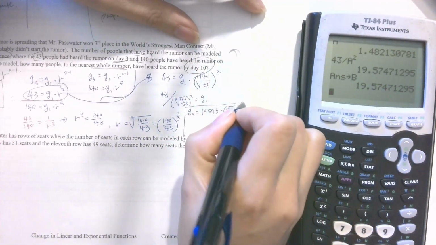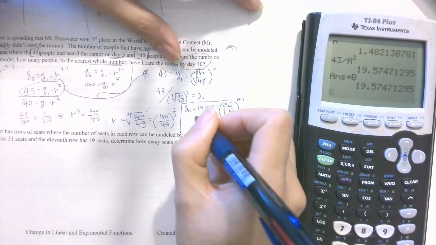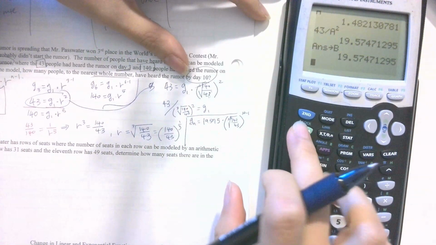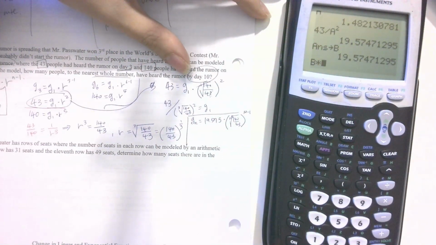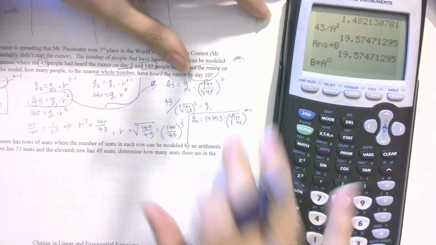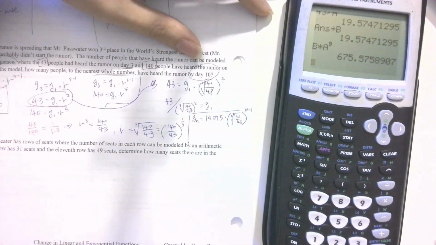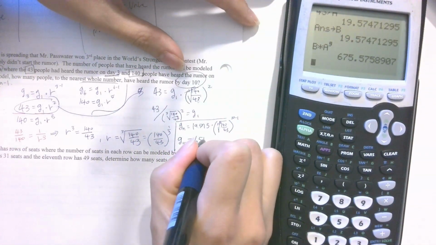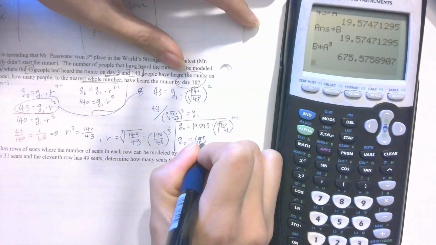So 10 minus 1, 9. So bear with me. That is B. So B times, that is A, raised to the, what power? 9th power. Then we got G sub 10 equal to 675.576.